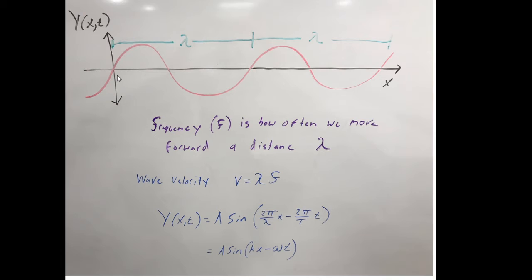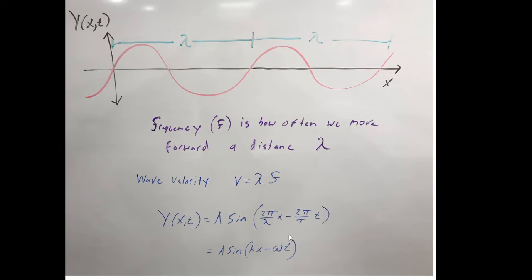So looking at this wave, it is moving to the right, and it first seems like it should be a positive value, but what's happening is we're looking at one position and we're actually going backwards with respect to the origin. So that's where this negative value comes from. If our wave was going to the left, our negative would become a positive.